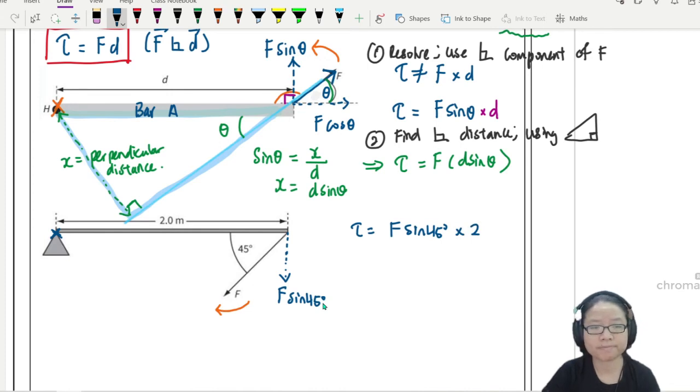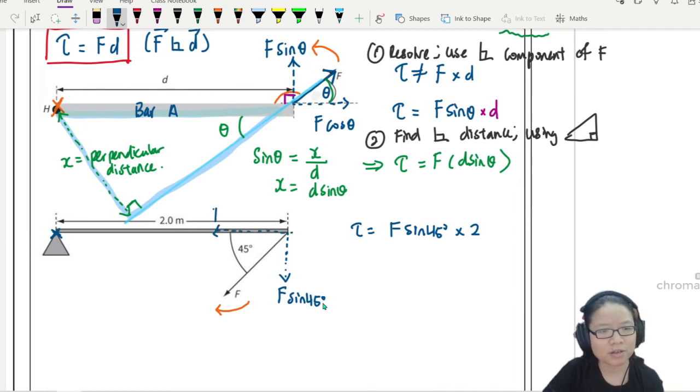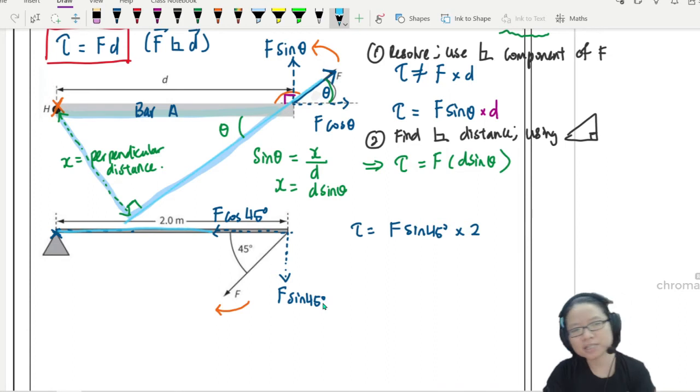You may be thinking, teacher, can we really ignore this F cos 45? Well, ladies and gentlemen, this F cos 45 will pass through the pivot. So if you draw out the line of force for this F cos 45, it passes through the pivot. So there is no torque.